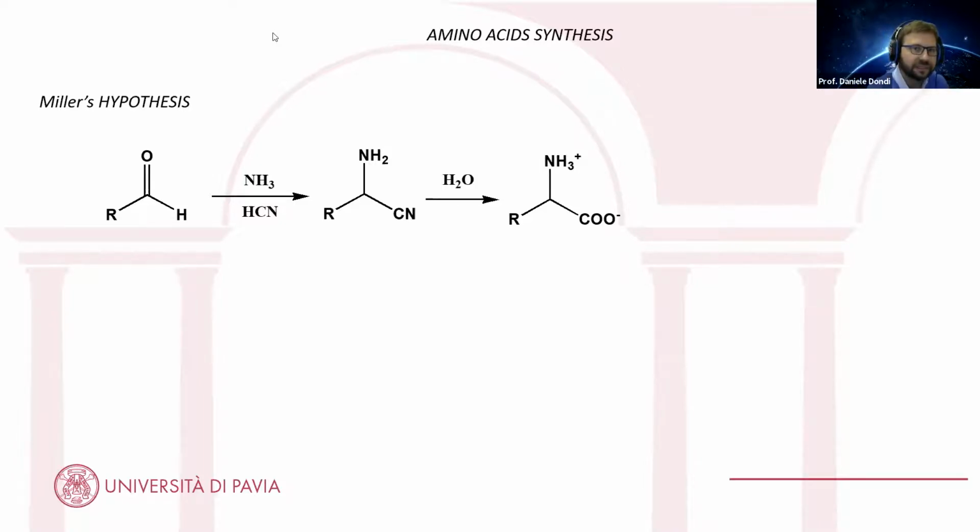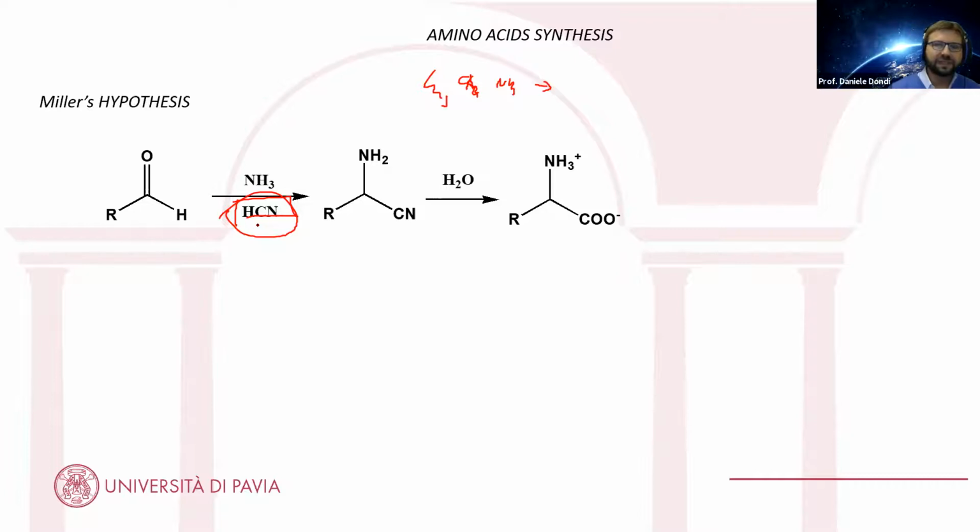So this is the hypothesis of Miller. You have this compound, hydrocyanic acid, because it's known that it's formed in sparks. Sparks of methane and ammonia create this compound, and we know that it's correct because we saw this in the interstellar medium.